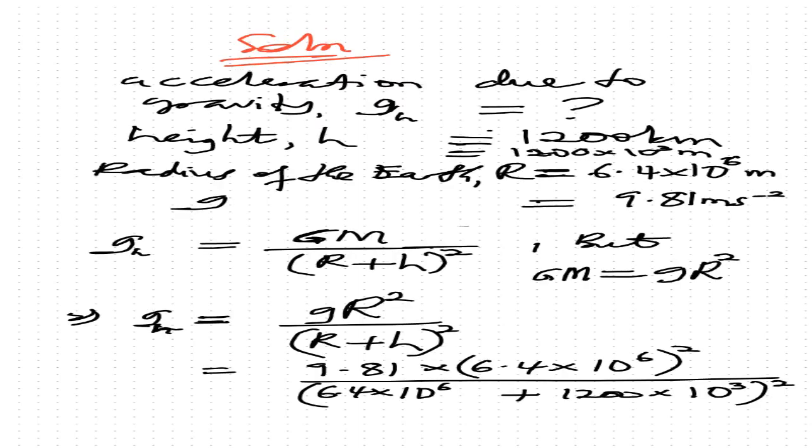So solution, we have g_h is equal to, this is what we have. What do we get for the numerator? The whole of the numerator gives us what? 9.81 times, then you open your bracket, 6.4 times 10 exponent 6, all squared. This is what I had.